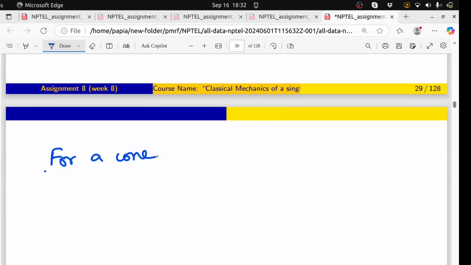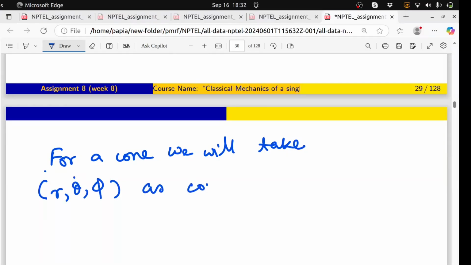For a cone, we will take r, theta, phi as the coordinate basis, right? Yes, so r, theta, phi we will take as the coordinate basis.